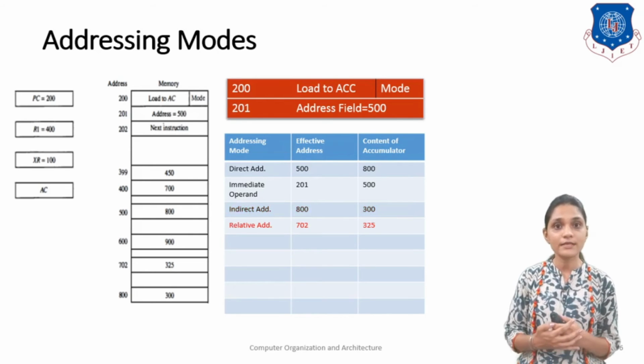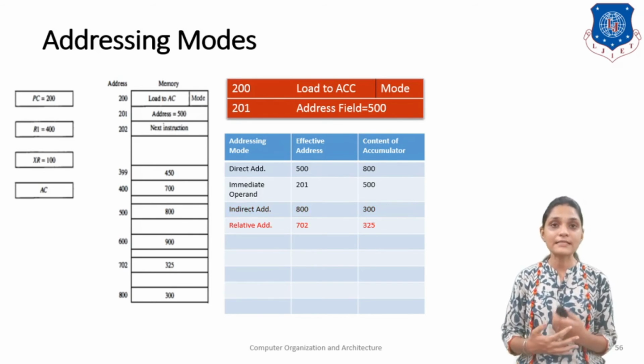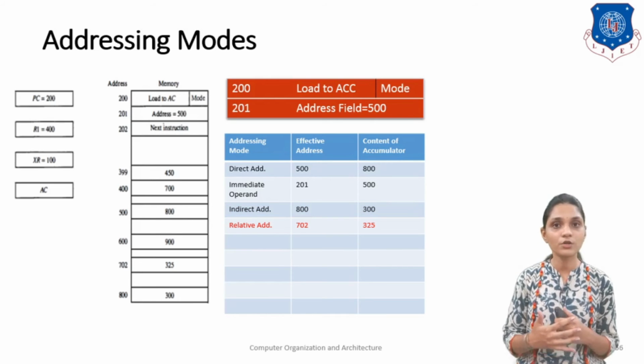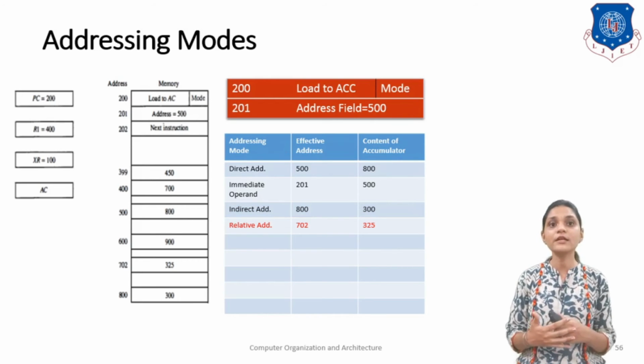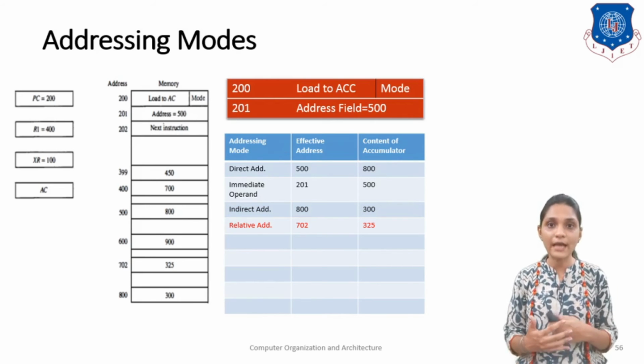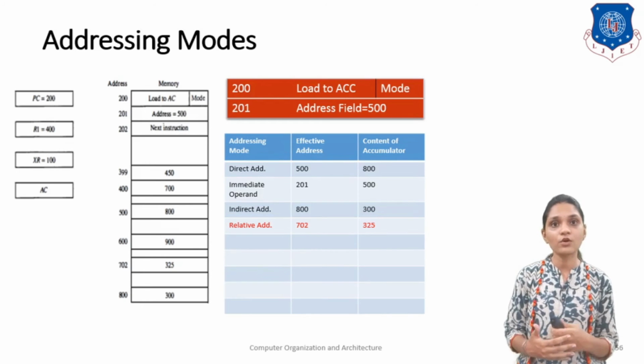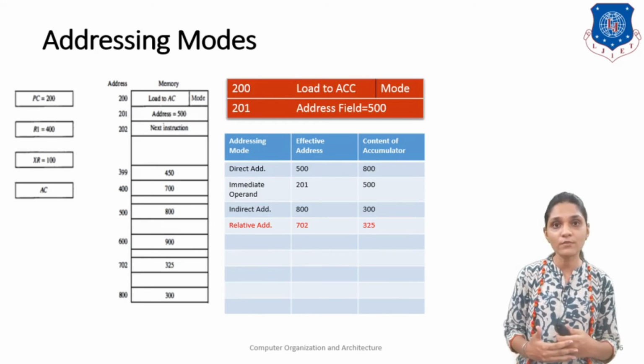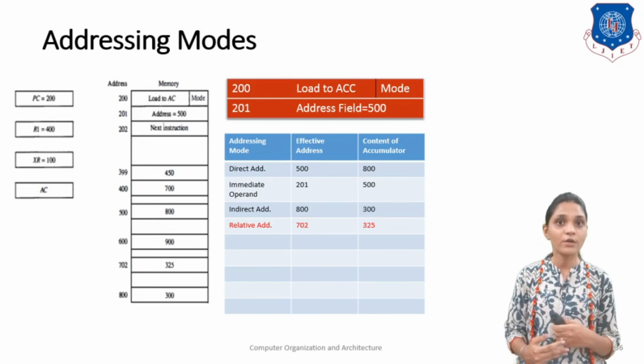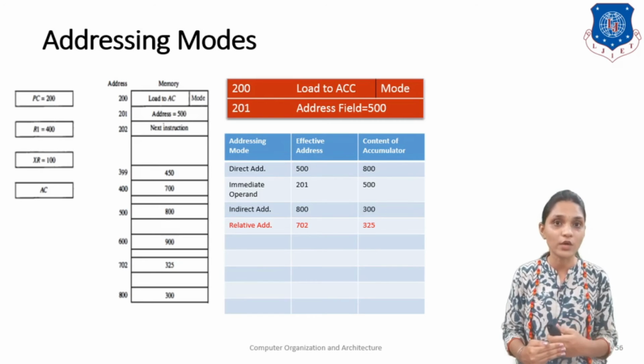Next addressing mode is a relative addressing mode. In this addressing mode, you are going to add the address field and the program counter to find out the actual location where your operand is stored. So at this time your program counter will be 202, because you have accessed the field 200, then 201, and then your program counter at this time is indicating the 202 location.